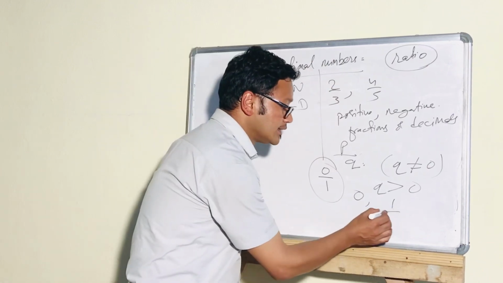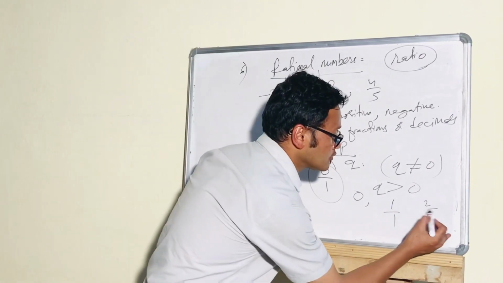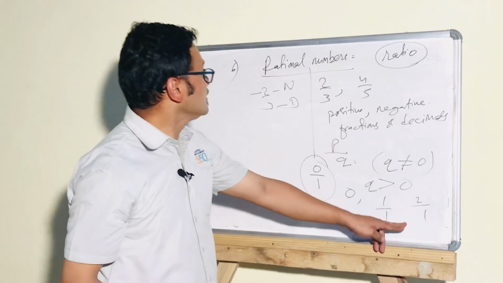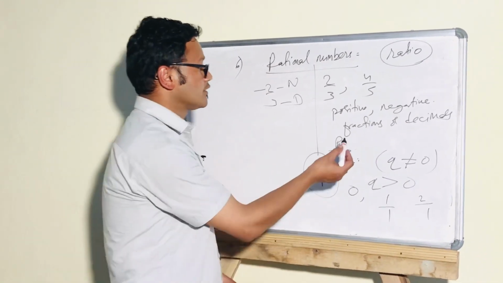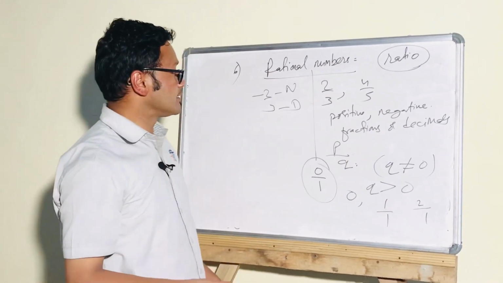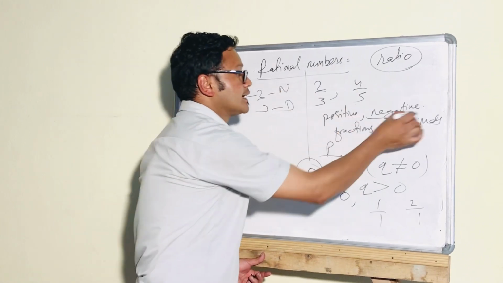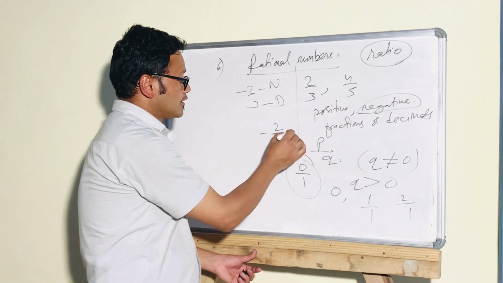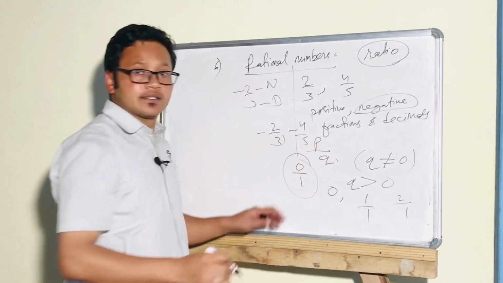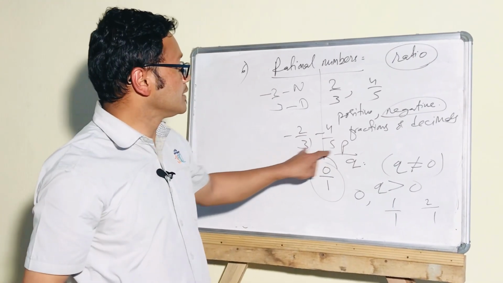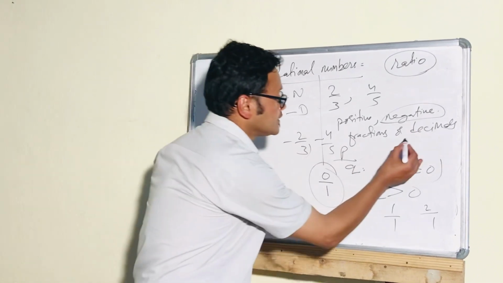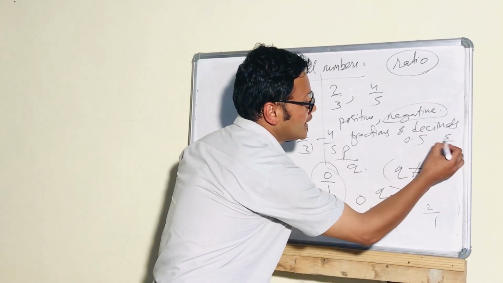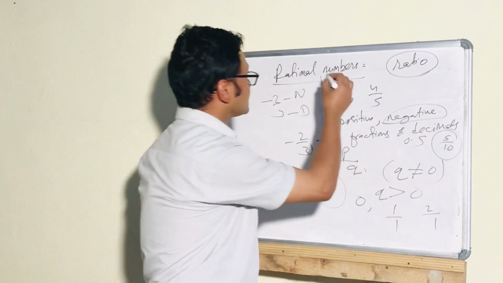Even 1 is 1/1, and 2 is 2/1. Fractions are also rational numbers. Even negative numbers, we can write -2/3 or -4/5, are rational numbers. Even decimals, 0.5 means 5/10, is also a rational number.